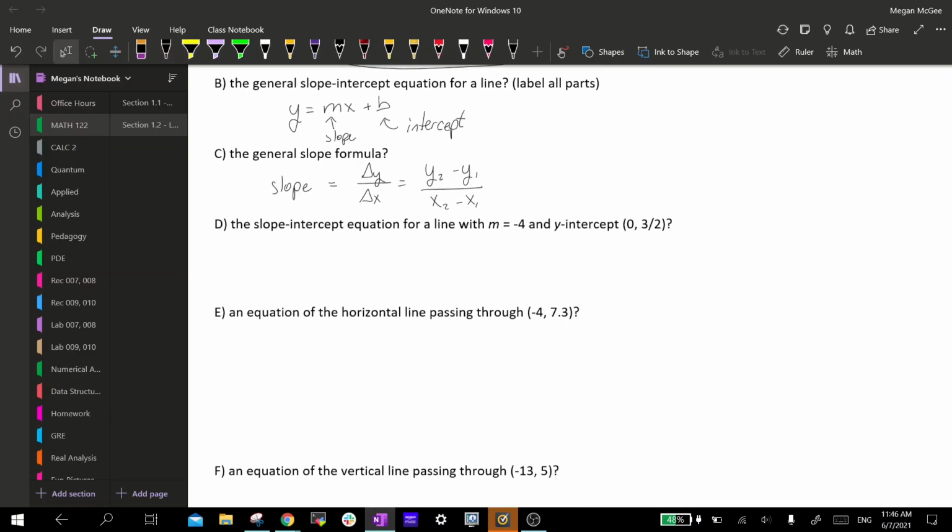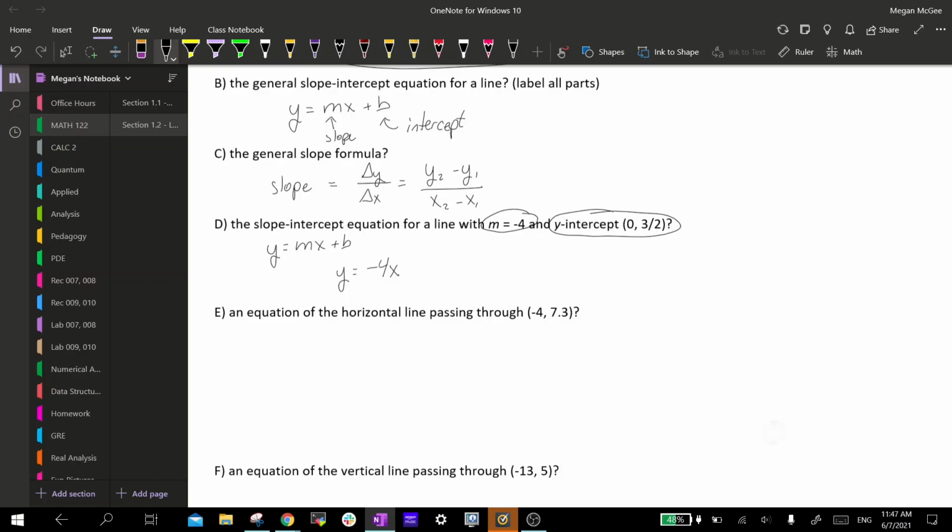So the slope-intercept equation, but specifically for the line with a slope of m equal to negative 4 and a y-intercept at this point, 0 and 3 over 2. Well, our slope-intercept form, that's our y is equal to mx plus b. Here we are given a slope of negative 4, so we have negative 4 times x.